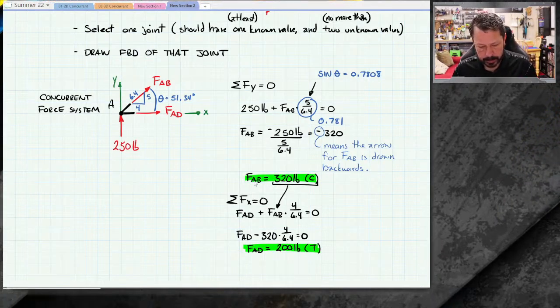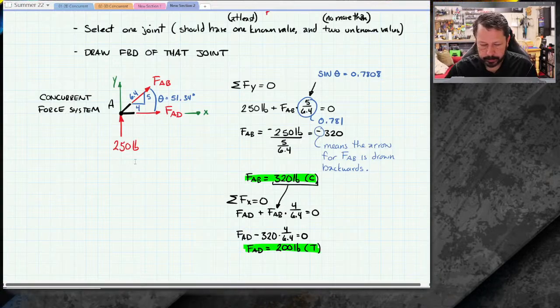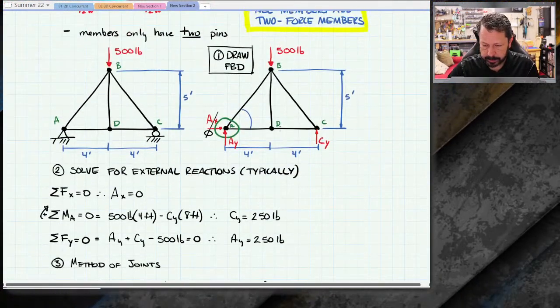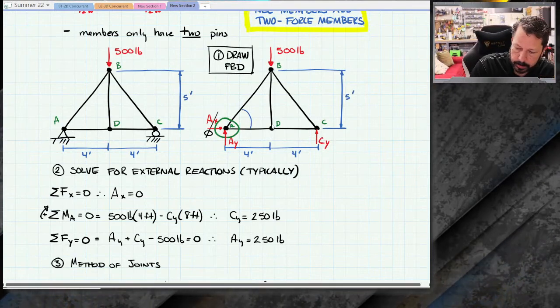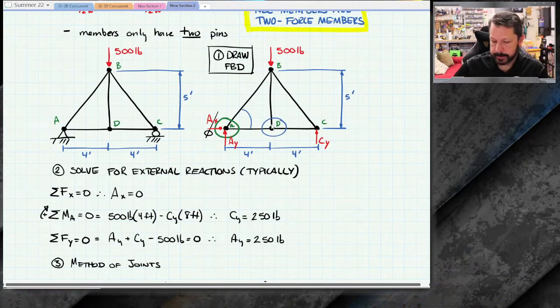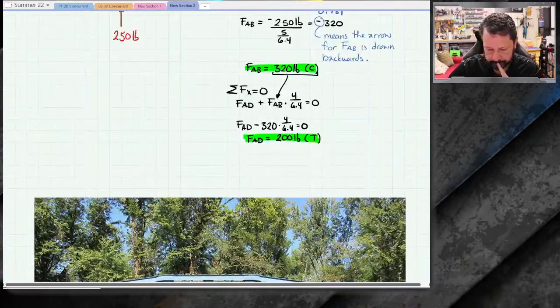There's one other one I want to look at here that's interesting, and that is D. So let's look now at a free body diagram of joint D, and then we'll be done.